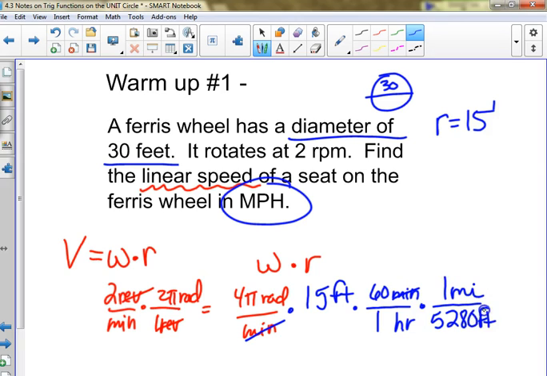If you need that, I would probably give it to you. All of this stuff on the top gets multiplied, and then we divide by 5,280. Type. See what you get.